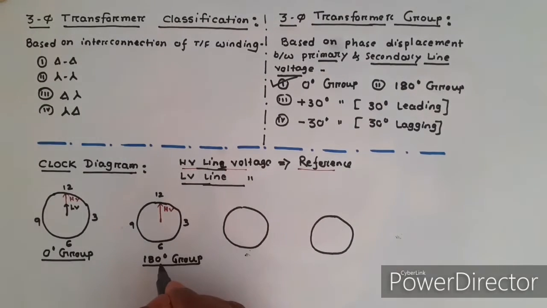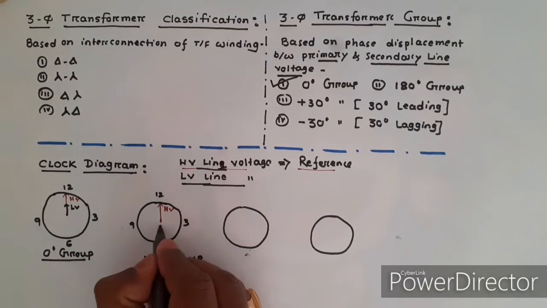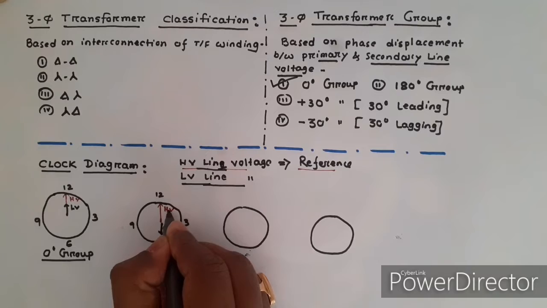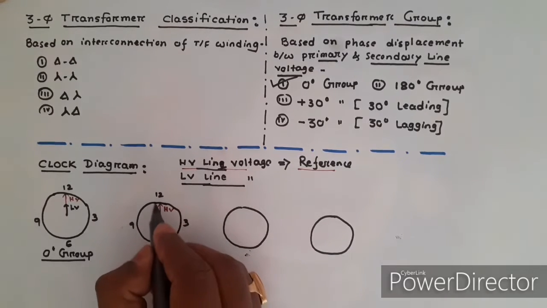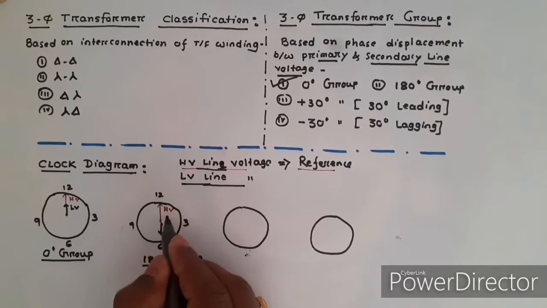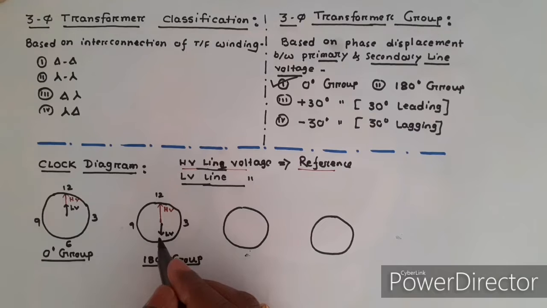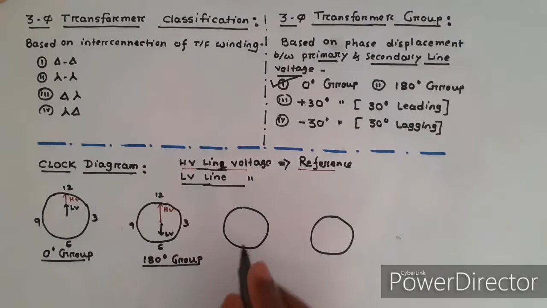In 180 degree group, the LV line voltage will be anti-phase of HV line voltage. That means if HV line voltage is at 12 o'clock, then LV line voltage will be at 6 o'clock, the opposite direction.